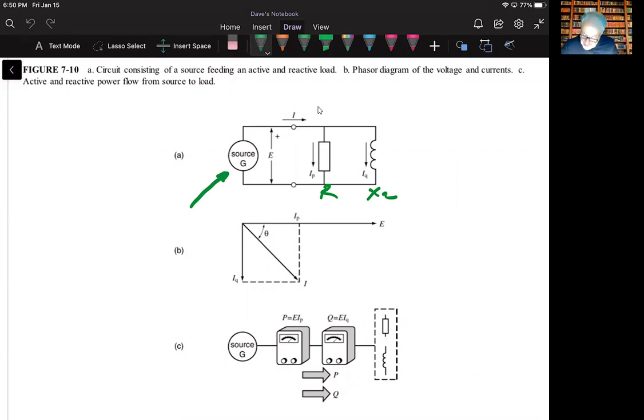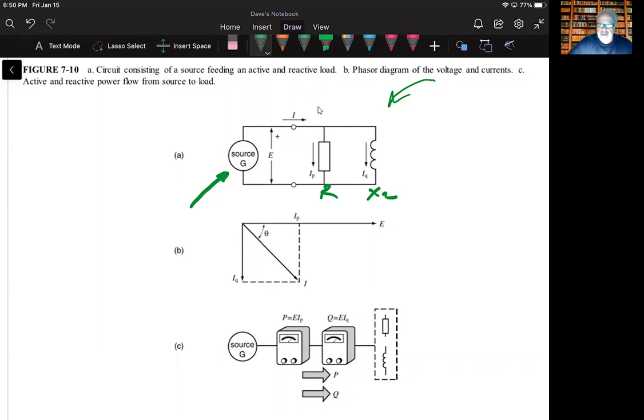Now, this is representative of an induction motor, because it has a resistive part for the active power and a reactive part that supplies the magnetic field energy that's needed. The resistor draws an I sub P for active power.